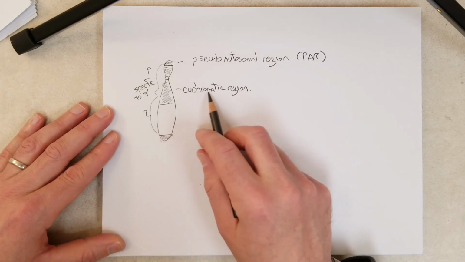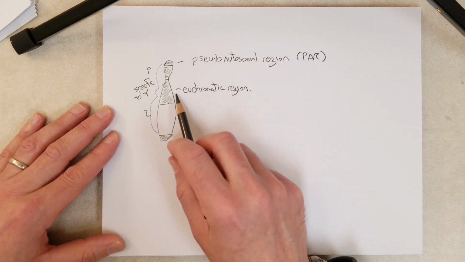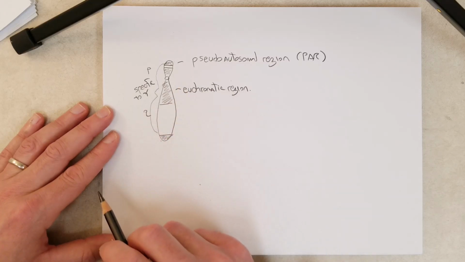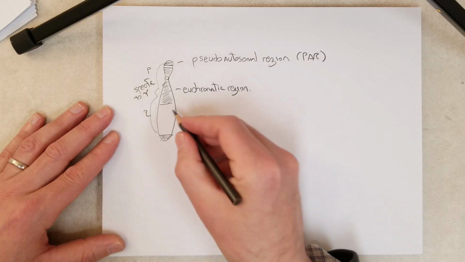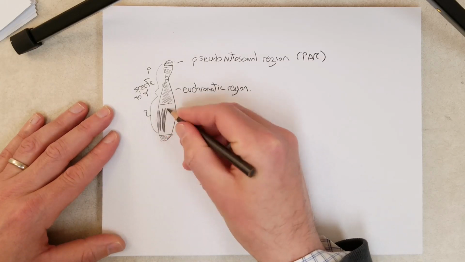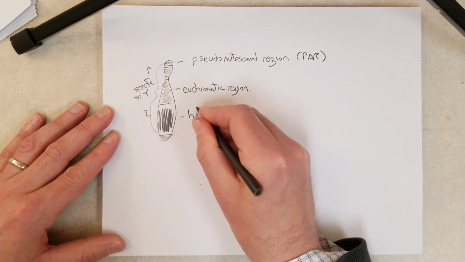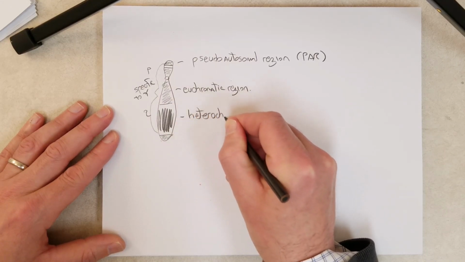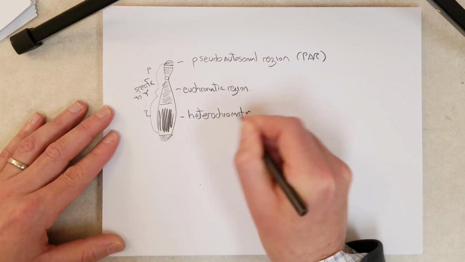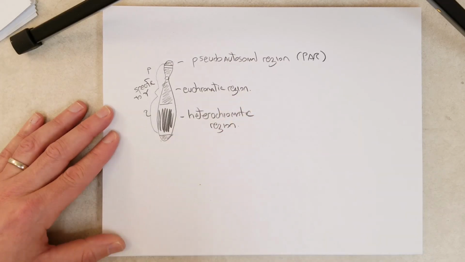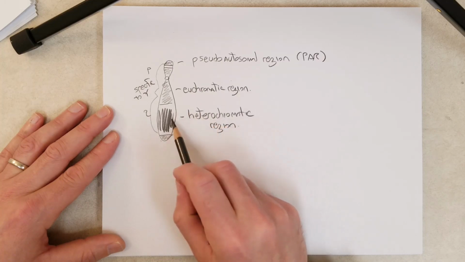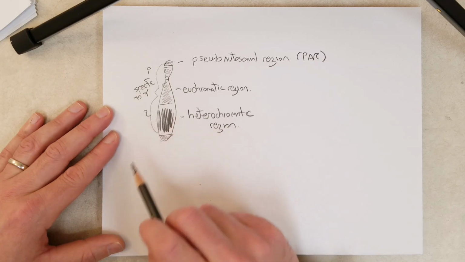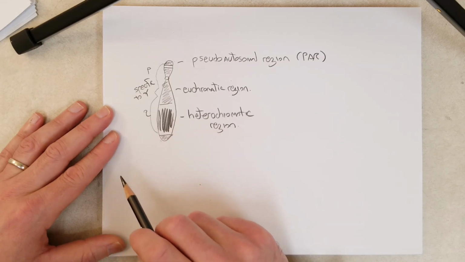And so scientists tend to think the genes in this region right here are more easily expressed or transcribed than they are from heterochromatic regions. So this region down here is going to be the heterochromatic region. And remember, heterochromatin is a form of chromatin where the nucleosomes are compact. So the genes within heterochromatin are difficult to transcribe.